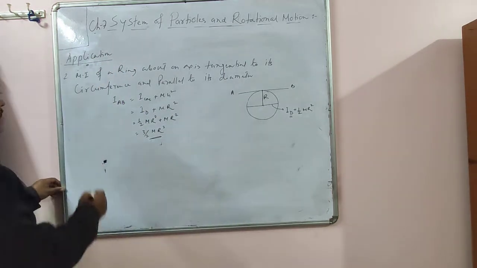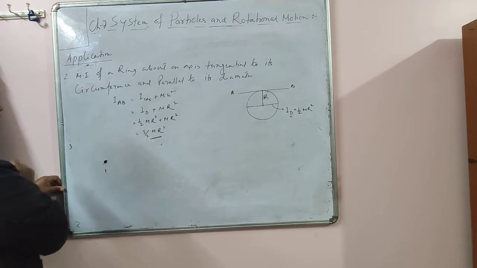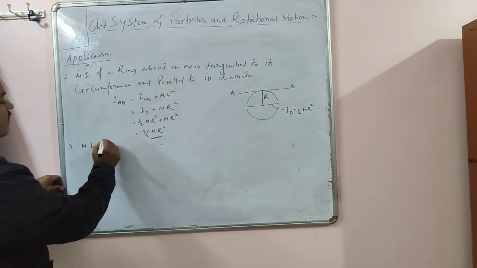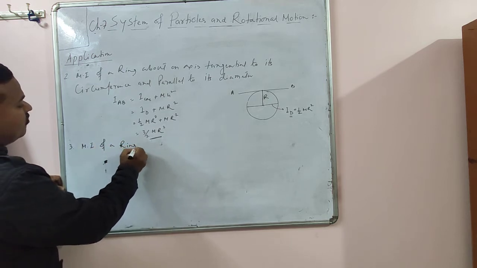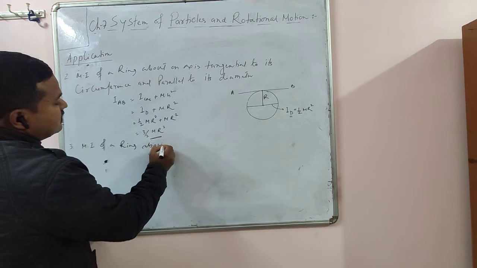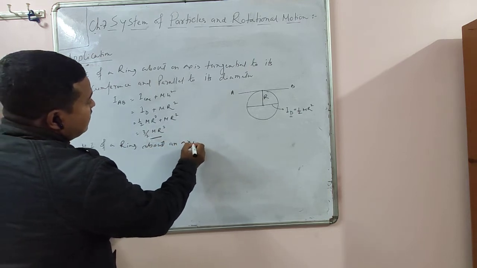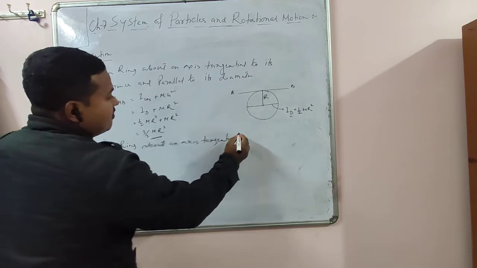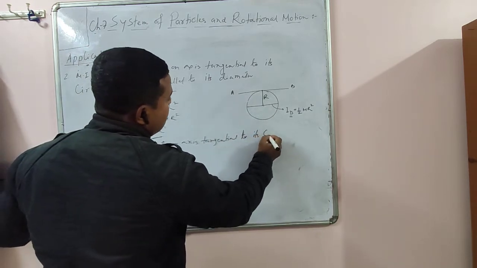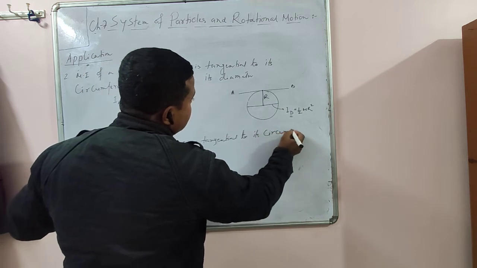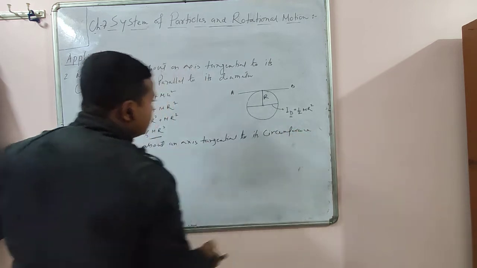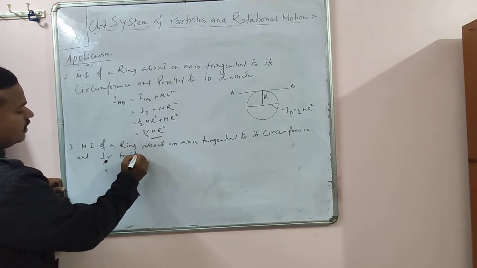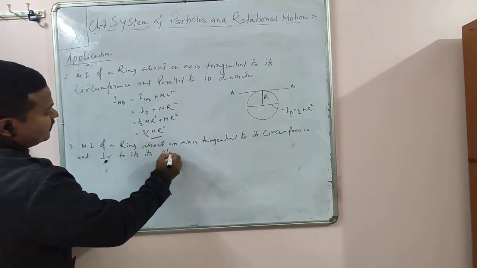Okay. Now another example, you see, moment of inertia of a ring about an axis tangential to its circumference and perpendicular to its plane.